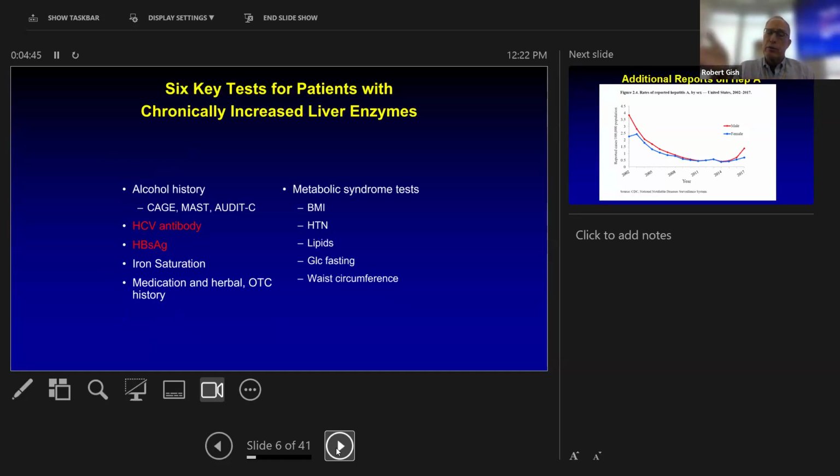Of course, that includes the triple panel, iron saturation, medication, herbal, over-the-counter history, and look at these metabolic tests. Really, they're pretty much in everybody's chart anyway. You've got a BMI, you know if they have hypertension, you got a lipid panel. So that metabolic panel is really considered one package in the 6 tests that are here.